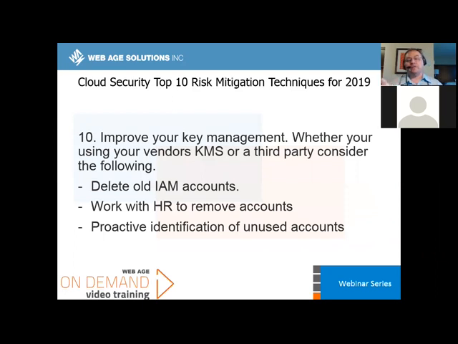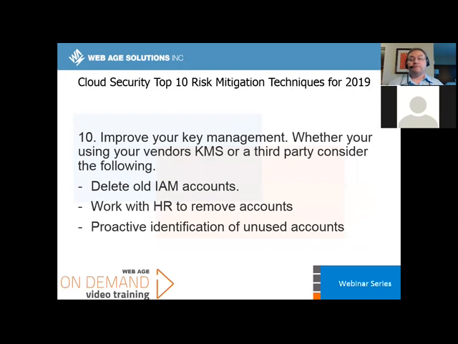So number 10, just some of the things I see. One of the main things that comes up over and over is Charlie or Susan left the company 3 months ago, and lo and behold, they still have files on Amazon S3.